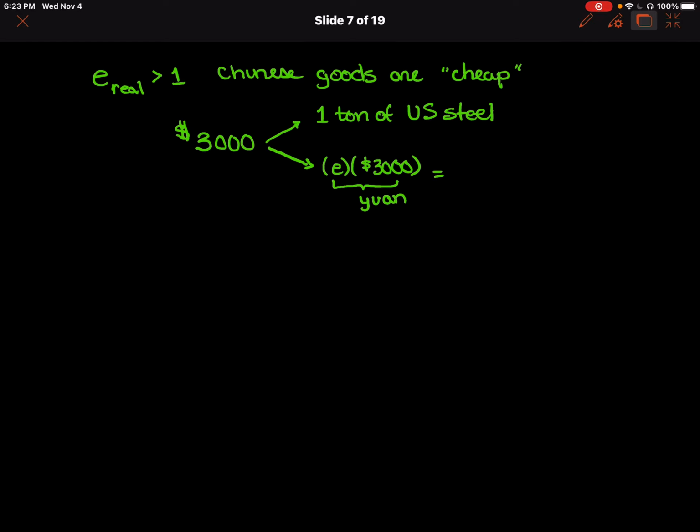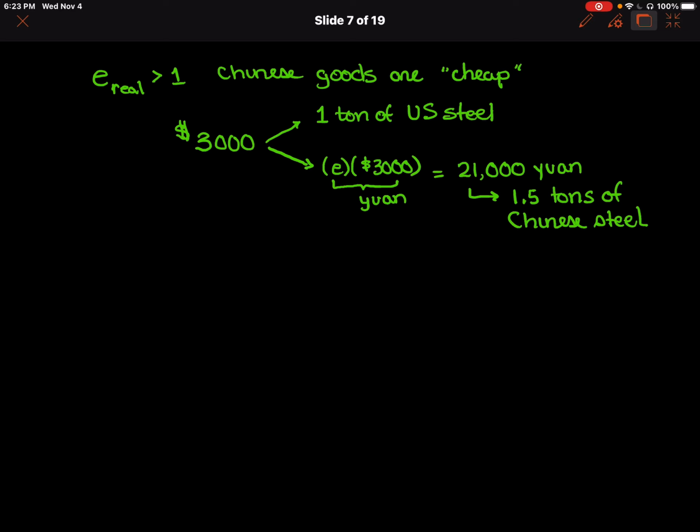So in other words, we can get 21,000 yuan, and with that, we can buy 1.5 tons of Chinese steel. So again, this is where that 1.5 is coming in.